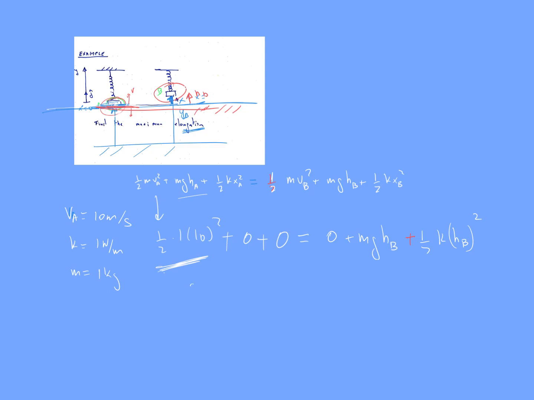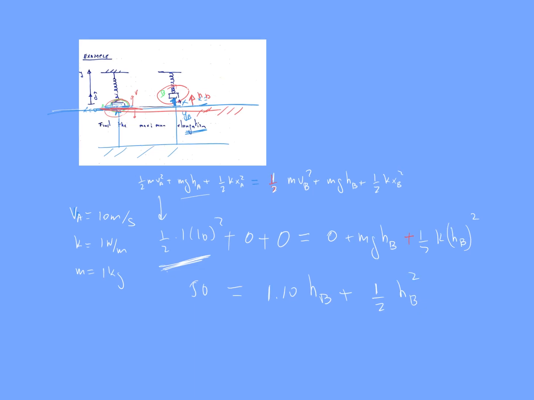So here I have 50 joules. 10 squared is 100, divided by 2 is 50 joules. 50 joules of energy is m g h_B. m is 1 kilogram, g is 10, h_B I don't know, plus 1/2 of k, 1/2, and h_B squared.